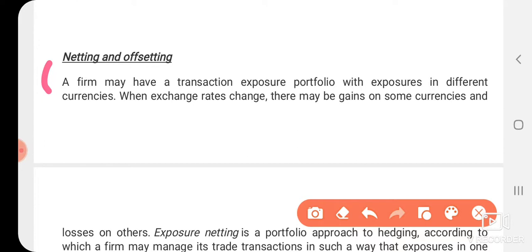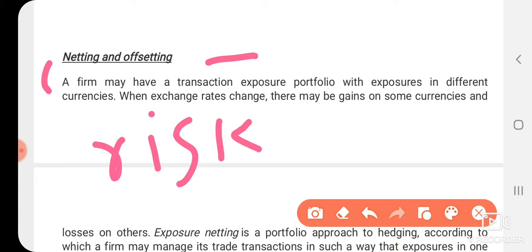It means we have already discussed in the previous video what is meant by transaction exposure. Transaction exposure is a part of foreign exchange exposure. Here exposure means nothing but a risk. Why do we incur this type of exposure?